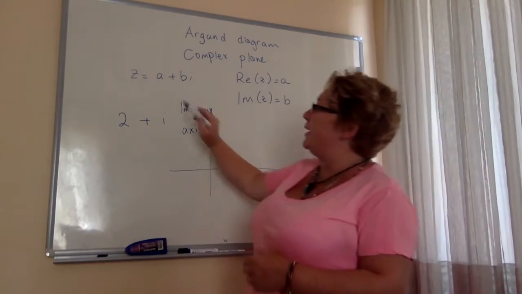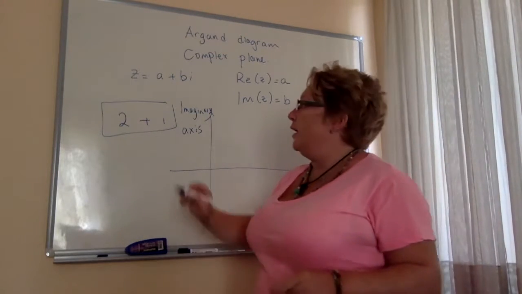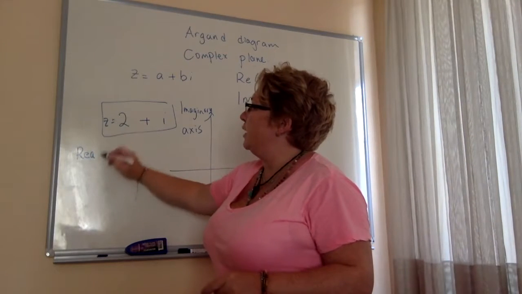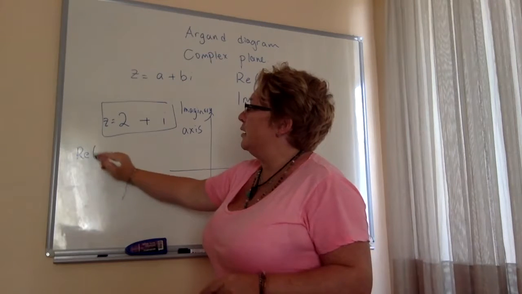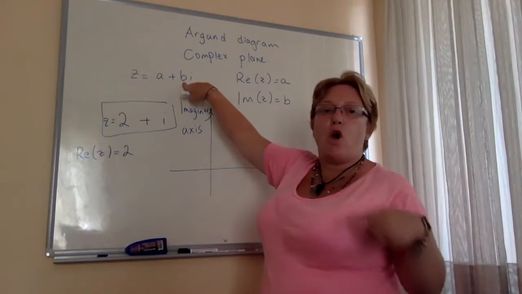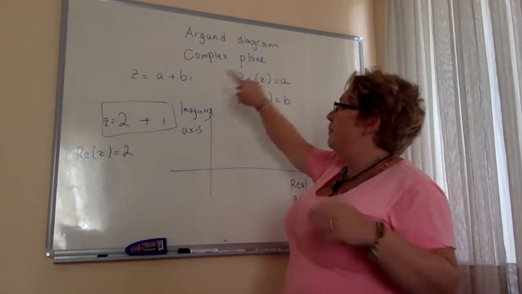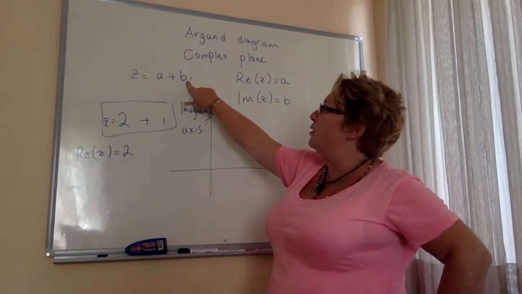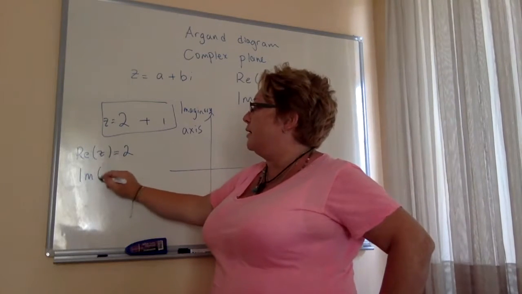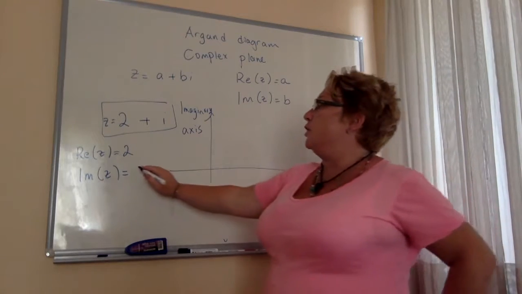For instance, if we're looking at this complex number 2 plus i, let me call that z, the real part is 2, and the imaginary part is the coefficient before the imaginary unit, i. So the imaginary part of my number z is simply b, and in this case the imaginary part for 2 plus i would simply be the coefficient before i, which is 1.